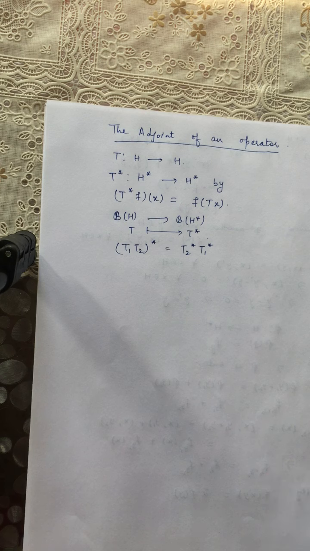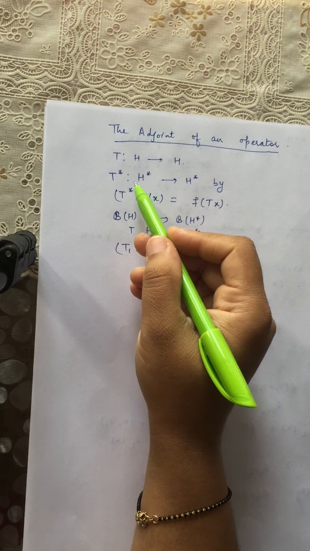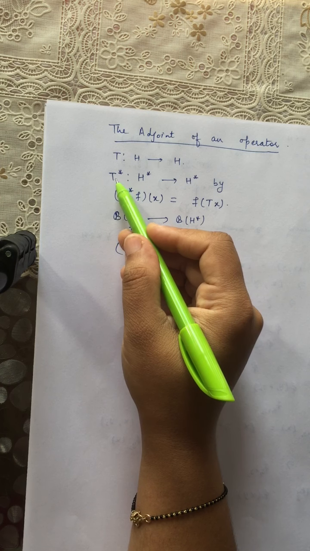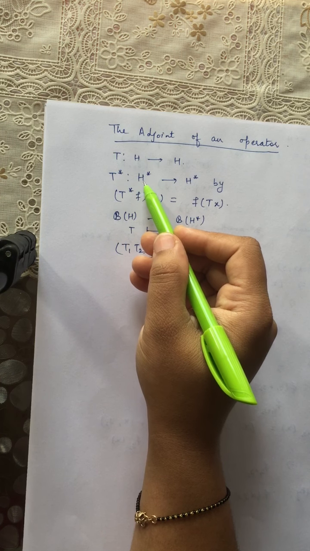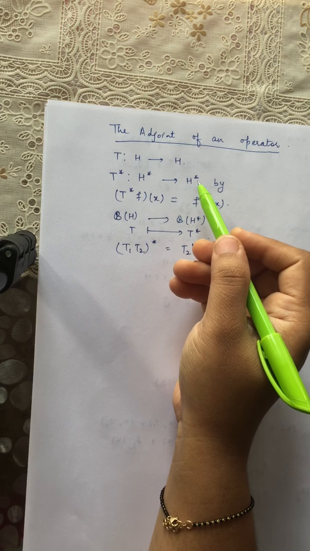In the earlier video we proved that for any vector y in H we can find a functional fy corresponding to the vector y. Since fy is a functional, we can operate T star on fy, because T star is defined on H star. If we operate T star on fy, we get another functional, because T star is a mapping from H star to H star.